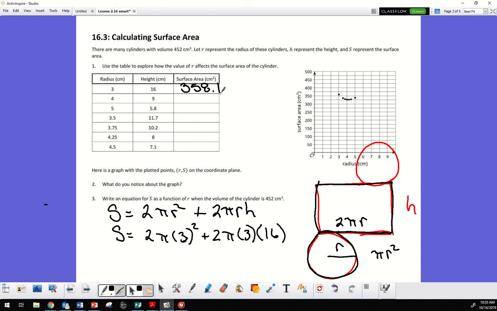Can you see it from there? The bottom. Yeah, this is what we're plugging in. So now we're changing the radius, right? So this is now going to be 4. So the r's are 4 and the h is 9. Okay? So change those up.